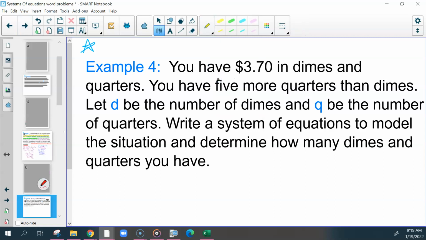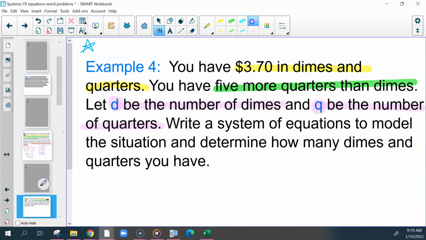And what's important here? 3.70 times and quarters. And we have 5 more quarters than dimes. And D be the number of dimes and Q be the number of quarters.